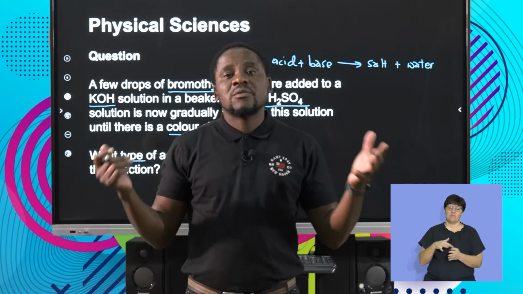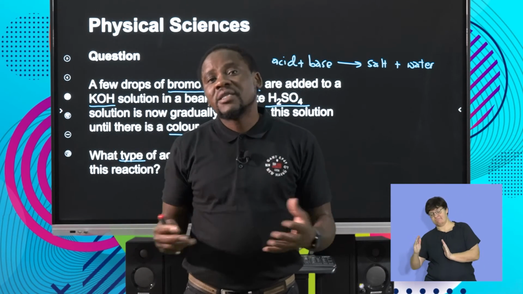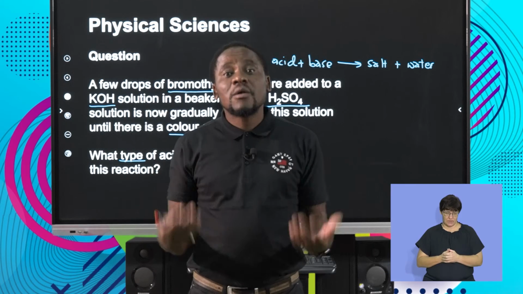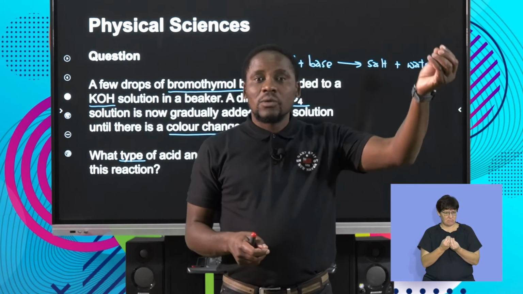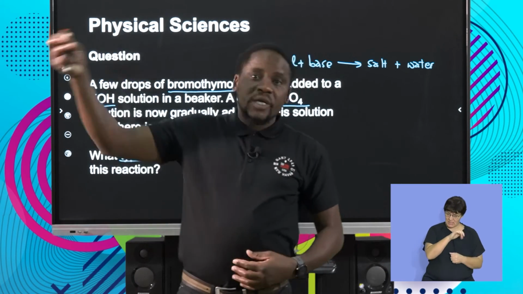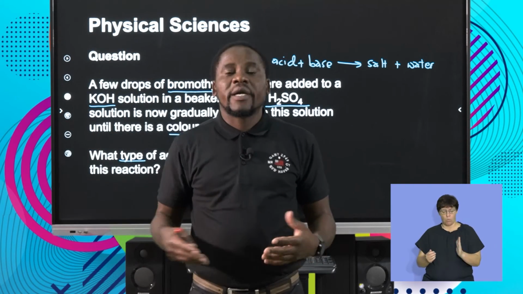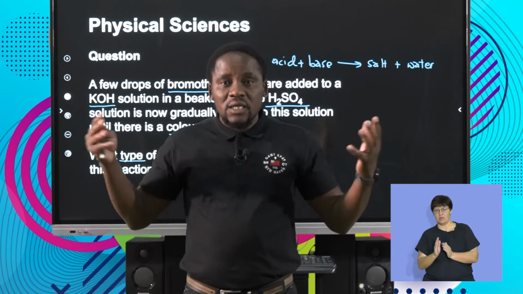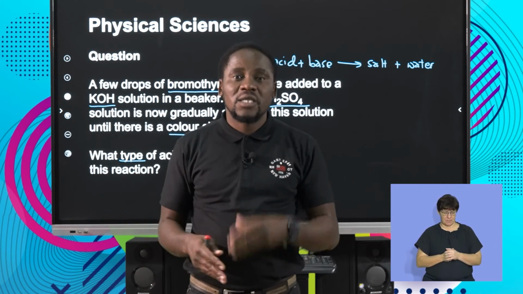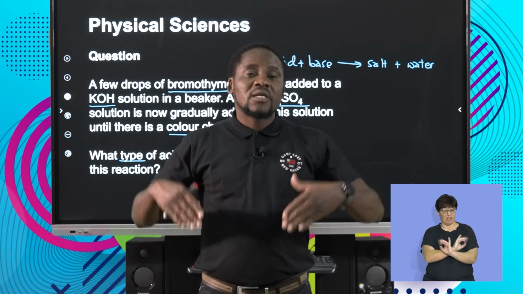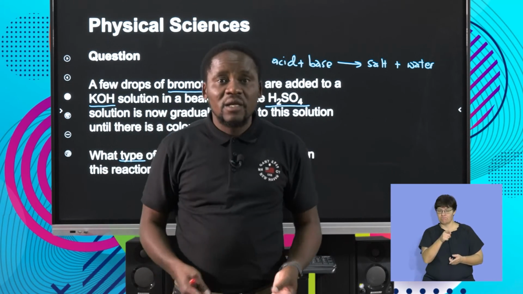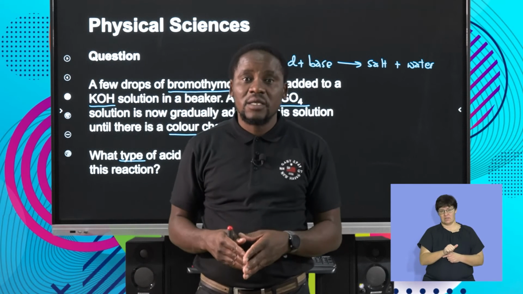So this question is demanding of us to identify a given substance as a strong acid or strong base, or weak acid and weak base. Generally the reaction concerned in this case is an acid-base type of reaction. So it's a pretty straightforward question that has to do with you remembering the classification of acids and bases.